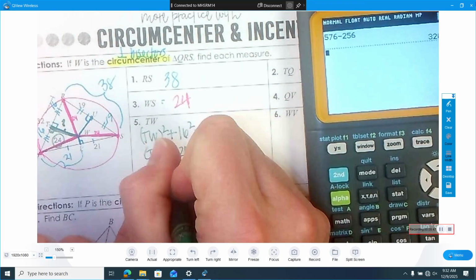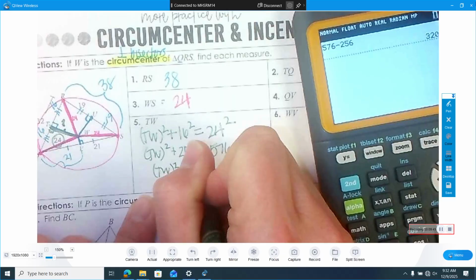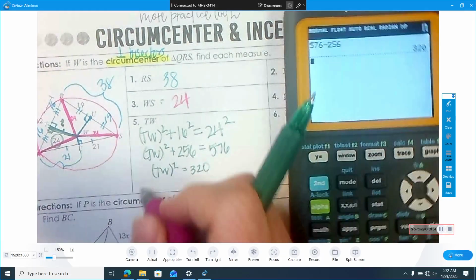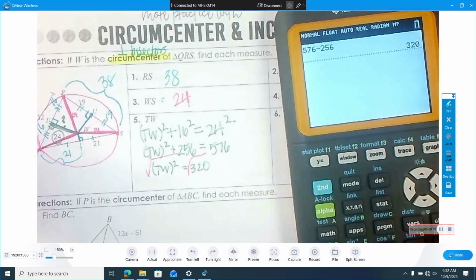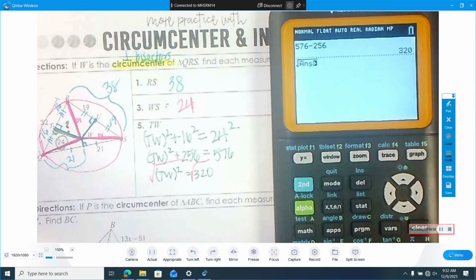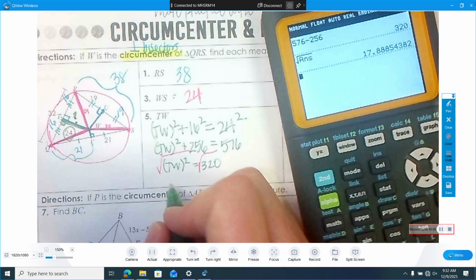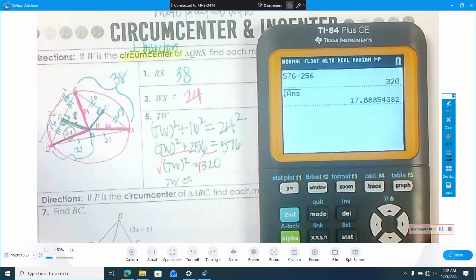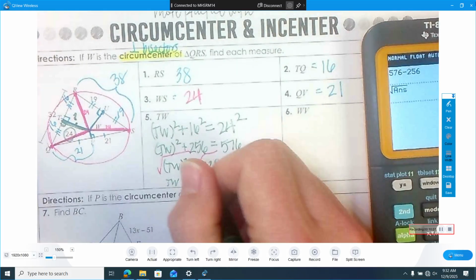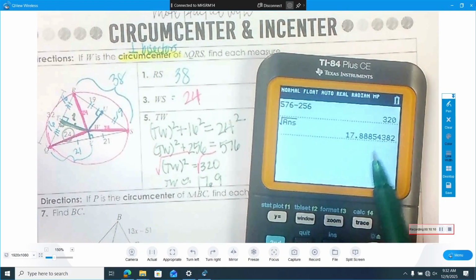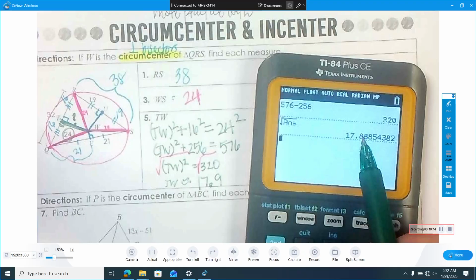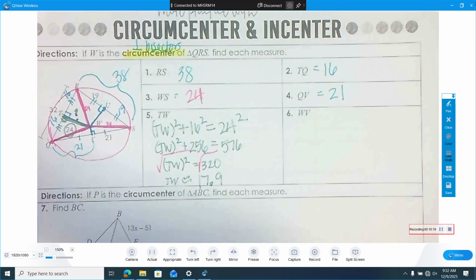So we get TW squared equals 320. And then we need to square root both sides. So we have the square root of 320. So TW is approximately 17.9. Again, we would round to the tenths place. So the neighbor to the right tells me to round up that 8 to a 9. Okay.